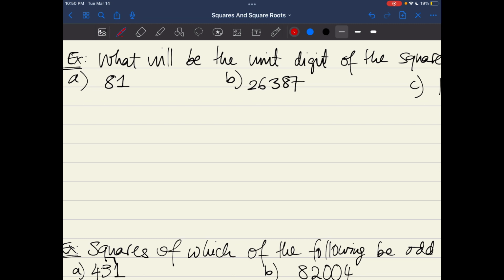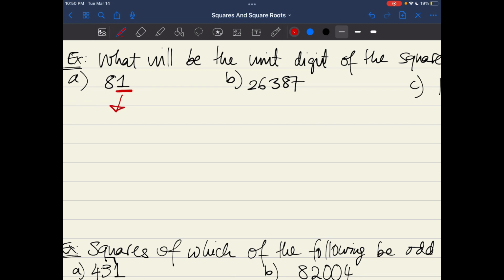And for the ones that had 4 or 6 in their unit place, the squares ended in 6. We see that it is 1 here, right? This is ending in 1.